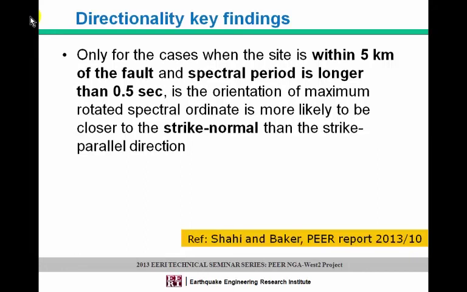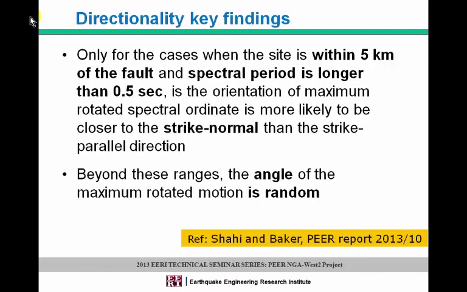That is really important. So for your structure 20 kilometers from the fault, fault normal is not necessarily your maximum direction. It's really random. And this is consistent with other studies done even pre-NGA, but that group nailed it down. The report is out, and is a part of NGA-West2.